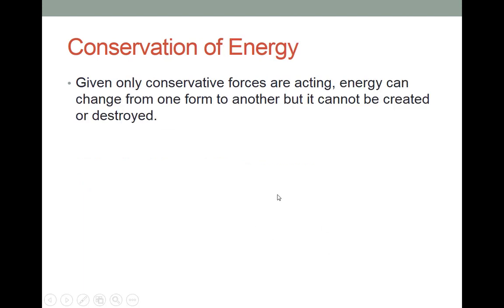Conservation of energy states that given only conservative forces acting on an object, energy can change form from one type to another, but it cannot be created or destroyed. So what this is saying is essentially, if I only have conservative forces, then when I think about the work energy theorem, that's W equals change in energy.